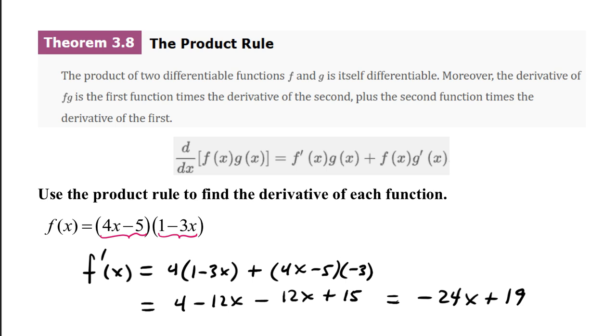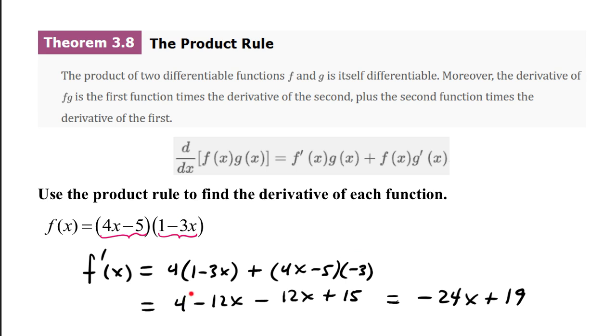This function is defined as the product of 4x minus 5 times 1 minus 3x. To take our derivative following the product rule, we take the derivative of 4x minus 5, which is 4, times the second, 1 minus 3x, plus, then we do it opposite. 4x minus 5 remains the same, times the derivative of 1 minus 3x, which is negative 3.